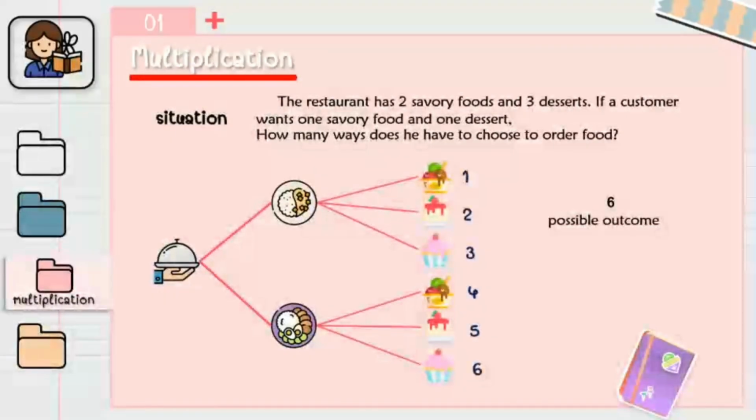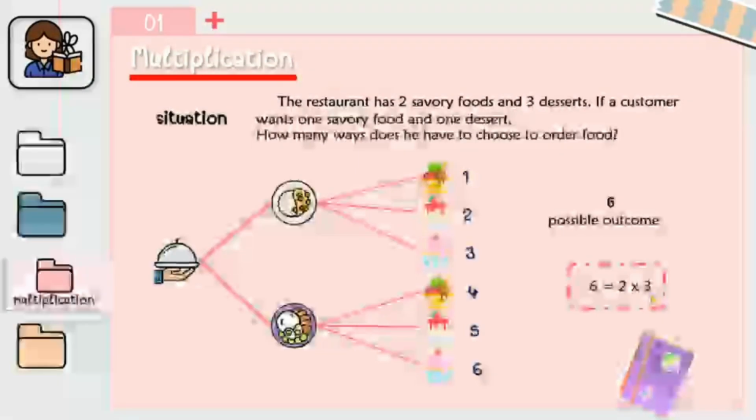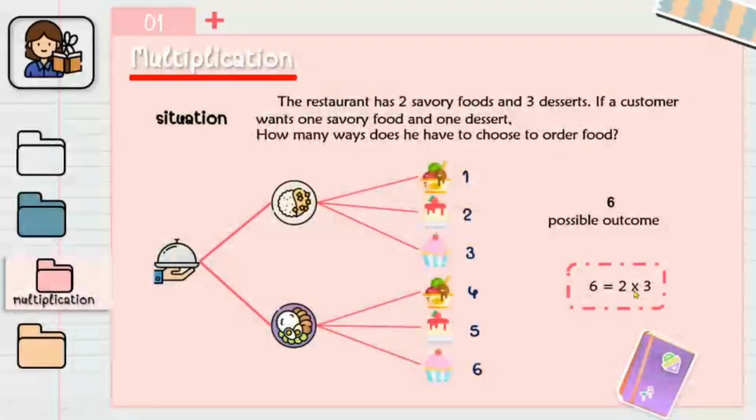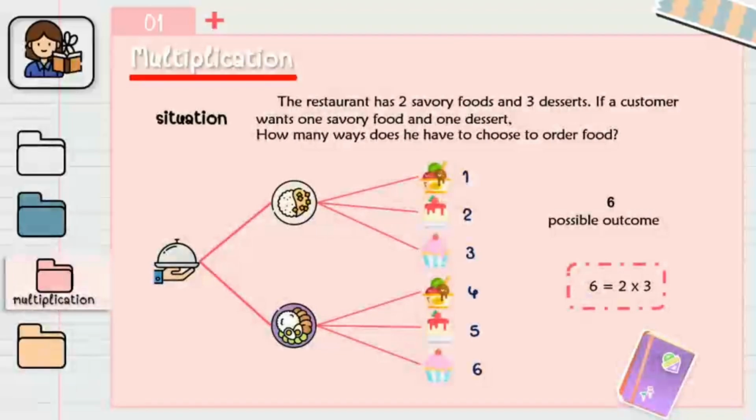We can see that we have 6 possible options. How come? We can multiply 2 times 3 to find that there are 6 possible outcomes. So, it is called the multiplication principle.